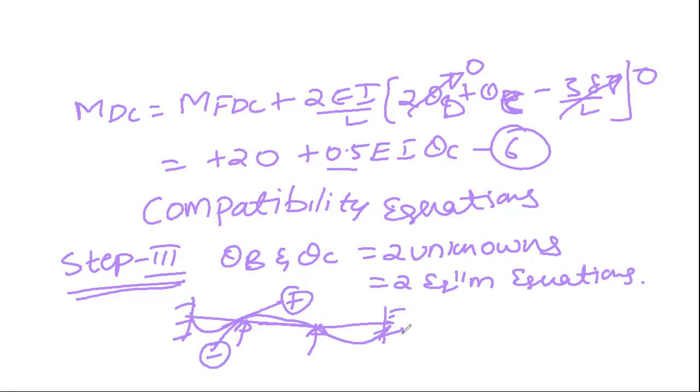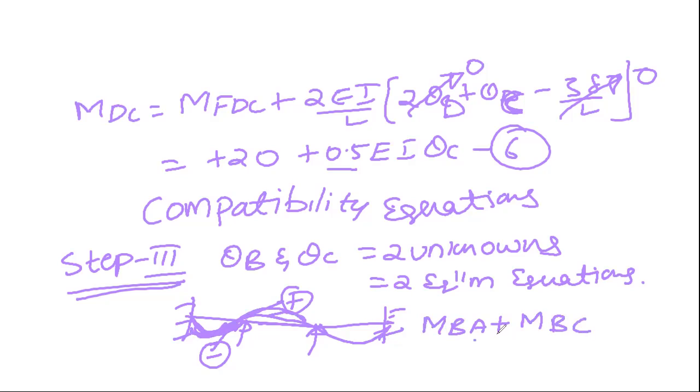Now this slope corresponds to the left hand side portion of the span, so that is MBA. Why am I writing MBA? Slope deflection equations are solved only with the help of bending moment. So in this region I am writing MBA, and the adjacent region is BC span, so that is MBC.